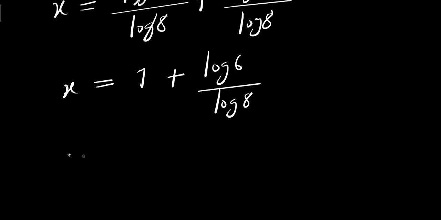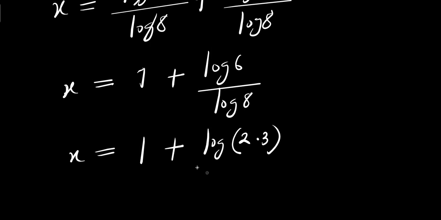Now, I can express this as x equals 1 plus log 6, which is log of 2 times 3, divided by log 8, where we have 4 times 2, and 4 times 2 is 8.